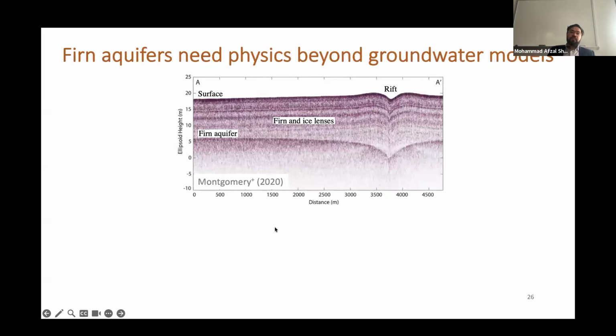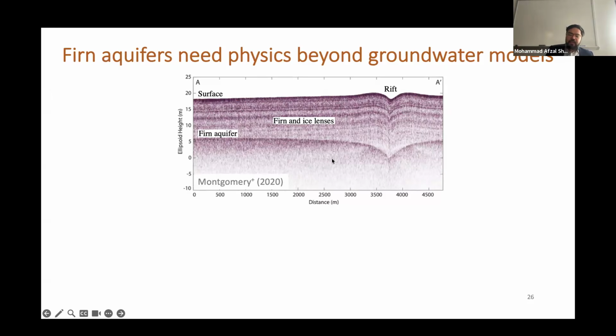Firn aquifers are also pretty ubiquitous, even beyond Greenland. Here is an example of firn aquifer from Antarctica, where you can see a classic plume shape of this firn aquifer, with firn having ice layers and ice lenses.